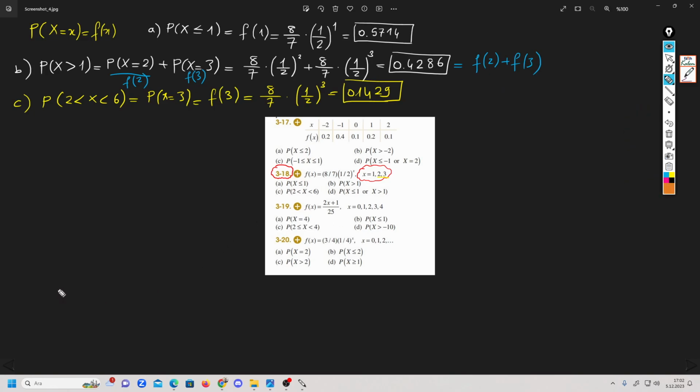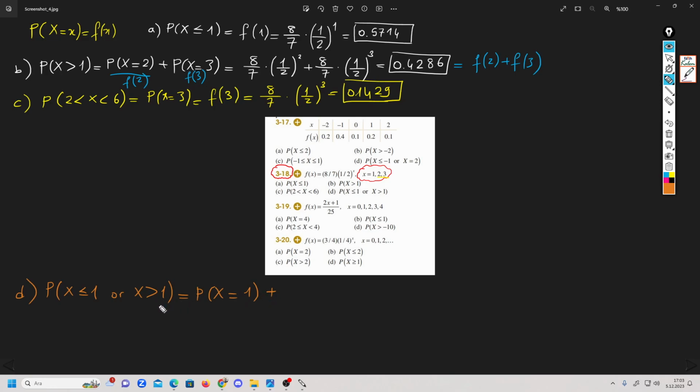We have one more, D. In D, it is given P of x less than or equal to 1 or x greater than 1. If x is less than or equal to 1, we have only one value, P of x equal to 1.